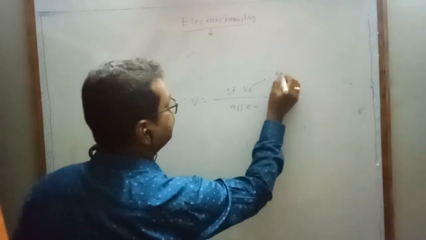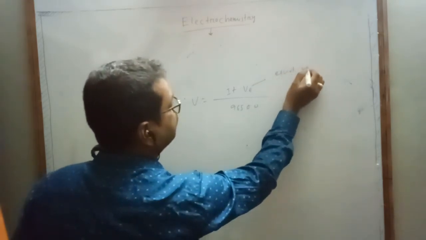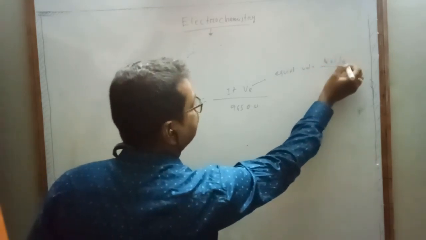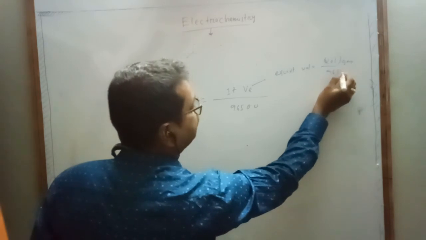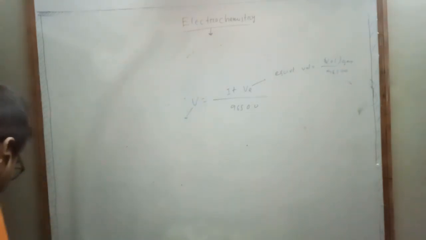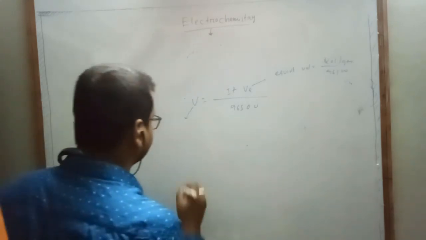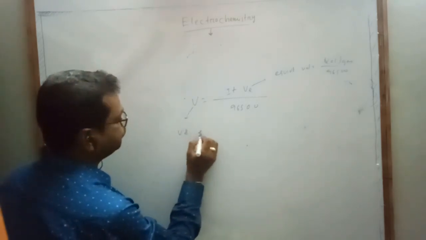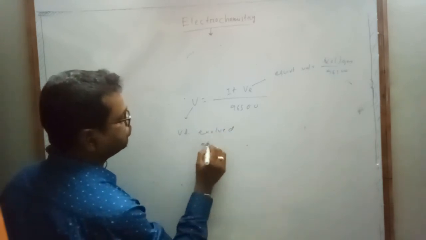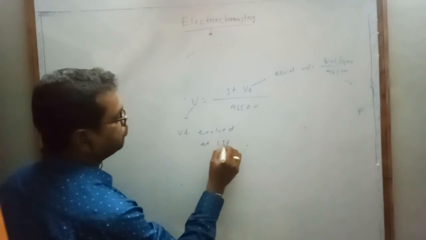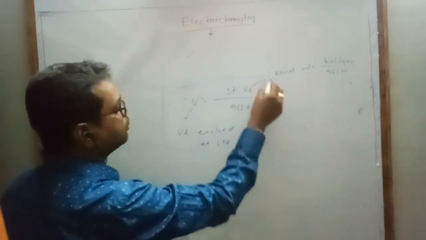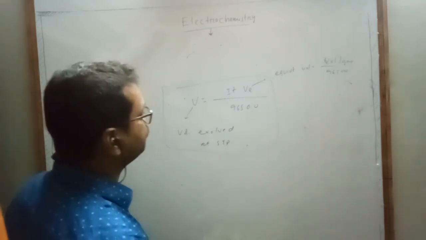This is called equivalent volume. The volume of the gas by 96500, and this is the volume evolved at STP. So this is the first law when the gaseous substance comes out of the electrode.